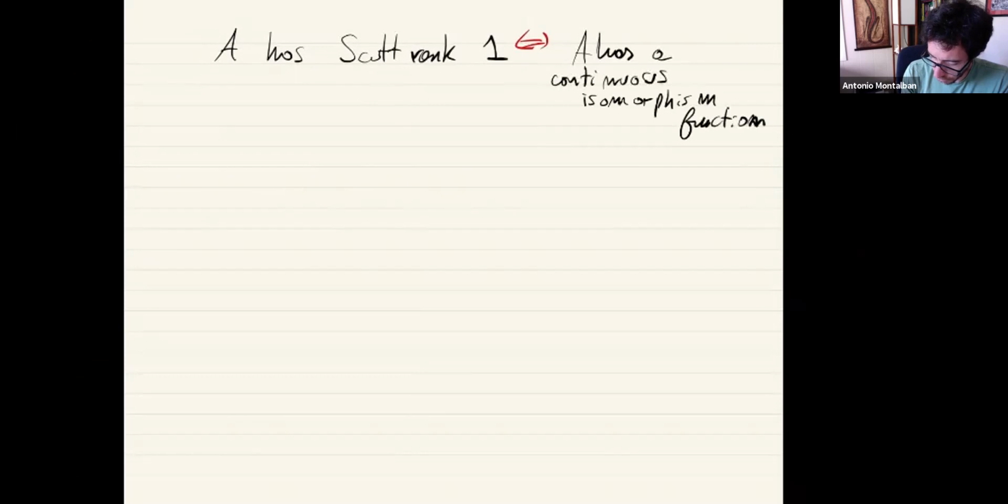And an isomorphism function is a function that, given a structure, gives you the isomorphism with the structure.